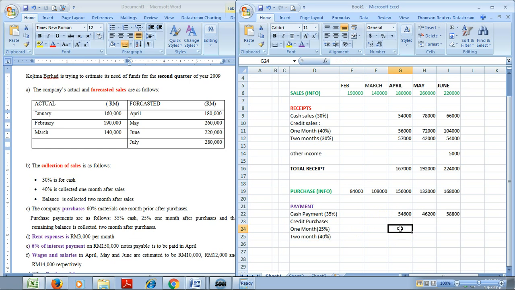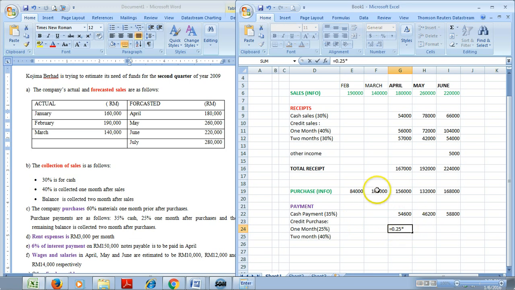Okay, 1 month purchase means that your purchase is March. You pay 1 month after. It's the same step like sales. It's the same step for the 1 month. How do you do this? You take 1 month before, right? March sales. For purchase, you take 1 month. You are doing purchase, so you take 1 month purchase. So how many? 25%. 0.25 times with what?